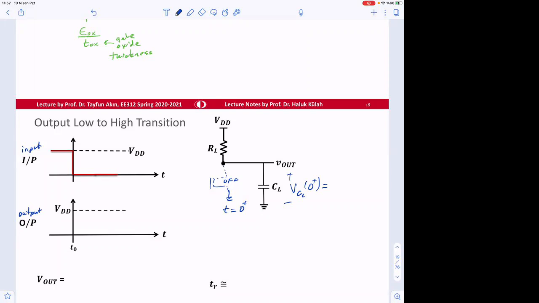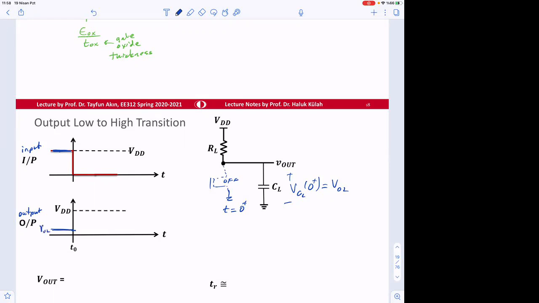VDD? No. Initially, when input was 5 volts, output was V output low. So we can call this V output low. Maybe I should draw this here. That's what it starts from.